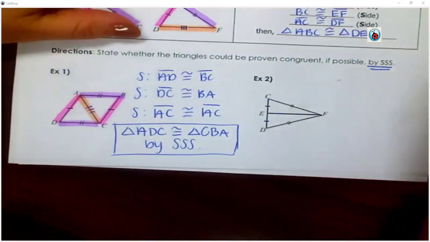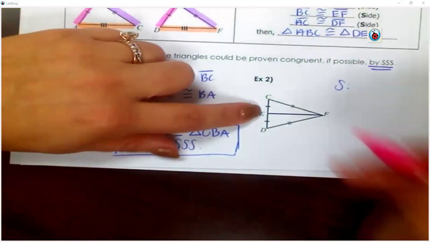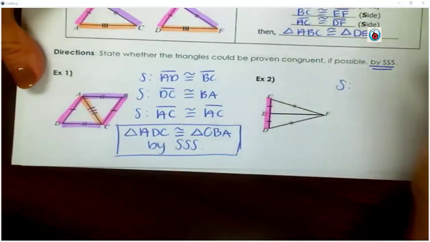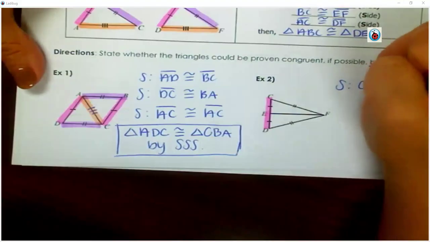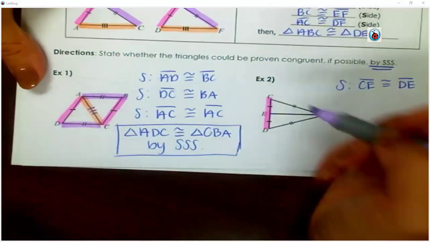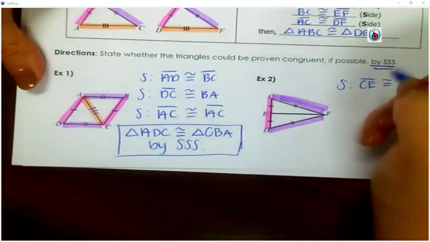And so in example 2, same thing here applies. The first side that we have is side CE, which is congruent to ED because they have 1 tick mark. So CE is congruent to DE. Then I can see that these two sides are marked with 2 tick marks.